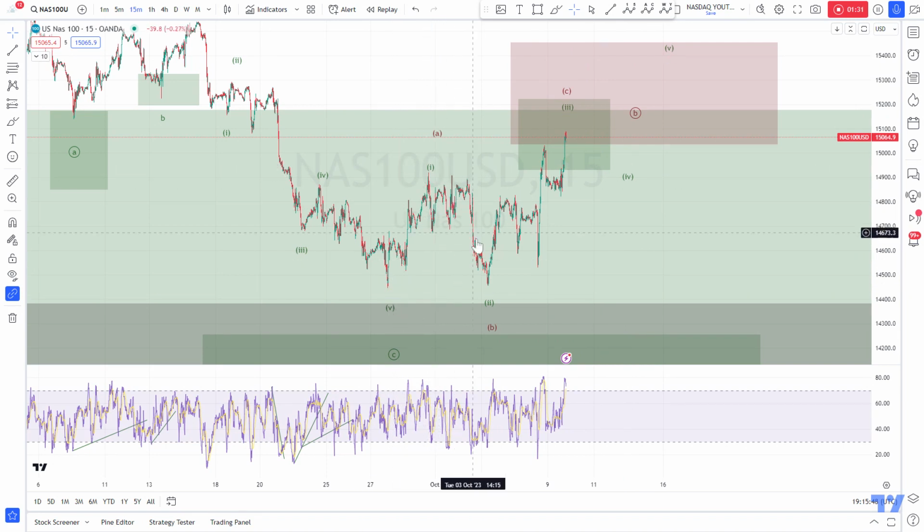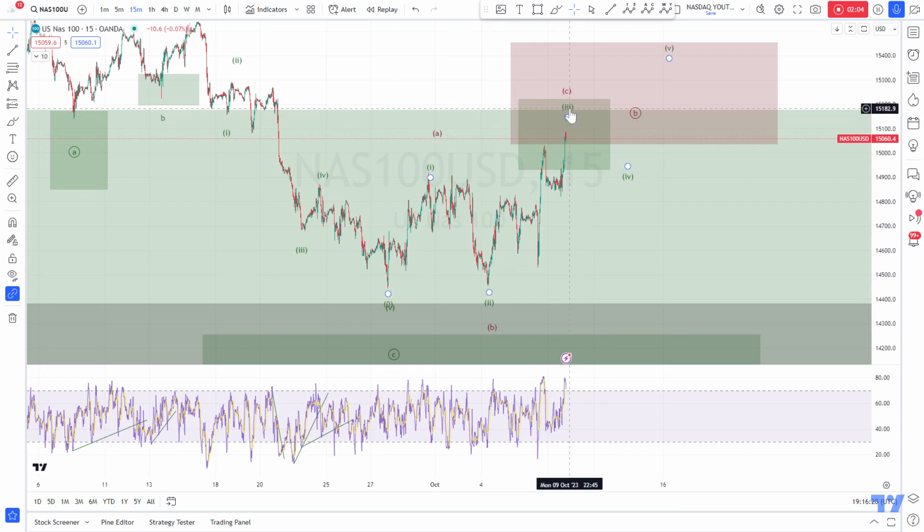So from here, I'm looking for an impulsive structure up, and so far I think we have a wave 1 here, a wave 2 right here, and that this here is our wave 3 almost finished. For the moment, we have some divergence here within this wave, compared to this high here. So the subwaves of this wave 3 could be the 1, the 2, the 3, the 4, and the 5.